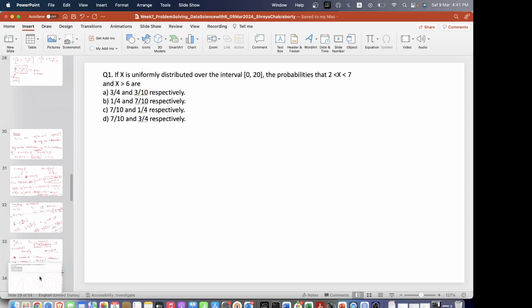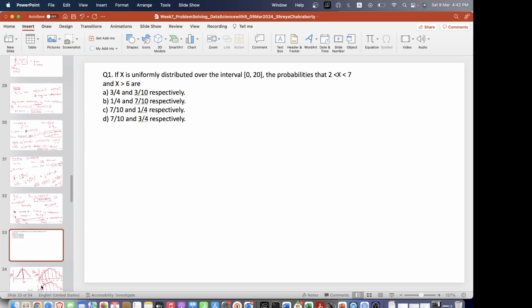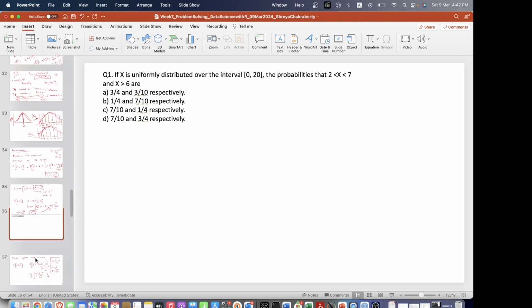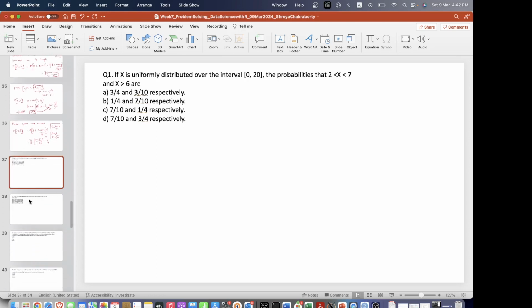Okay, let's start with this one. If x is uniformly distributed over the interval 0 to 20, what are the probabilities that 2 less than x less than 7, and x greater than 6?